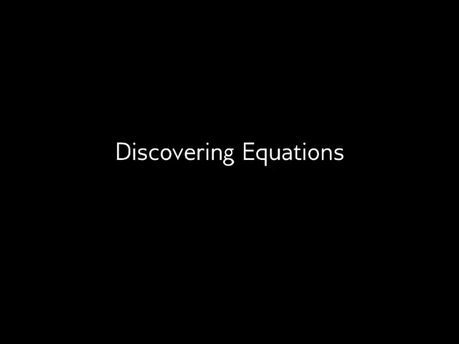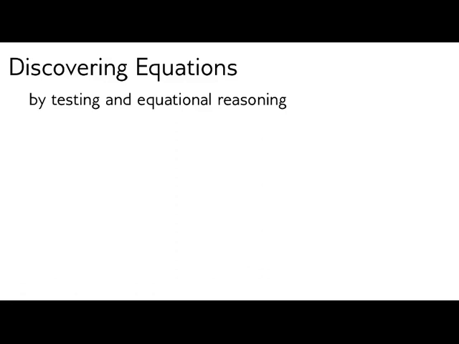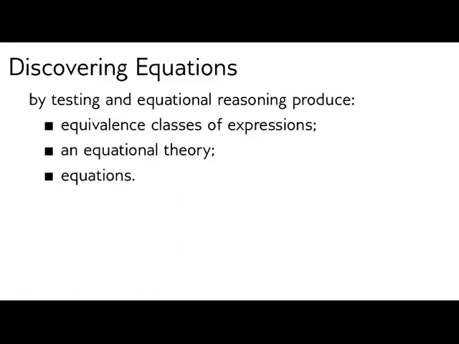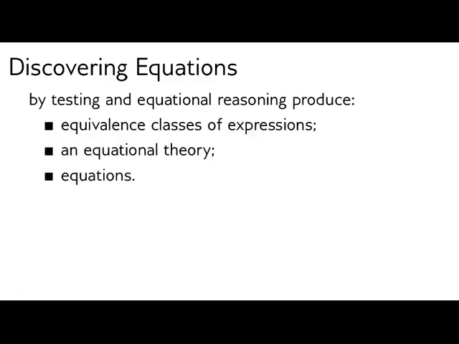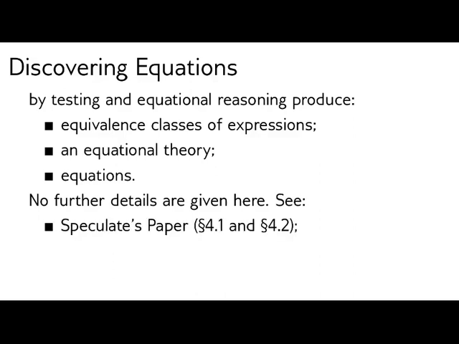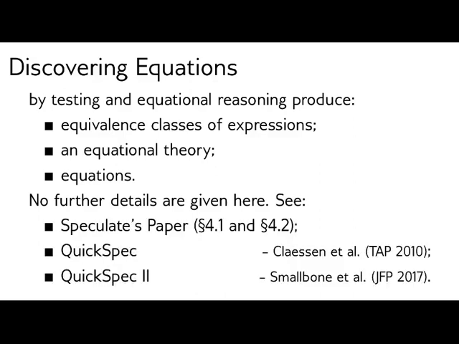So, discovering equations: we do that by testing and equational reasoning, using Knuth-Bendix completion, to produce equivalence classes of expressions, an equational theory, and equations. No further details will be given here because this already existed when I started to work with QuickSpec. Speculate is a re-implementation, and you can see the Speculate paper or the two QuickSpec papers for how it's done in detail.